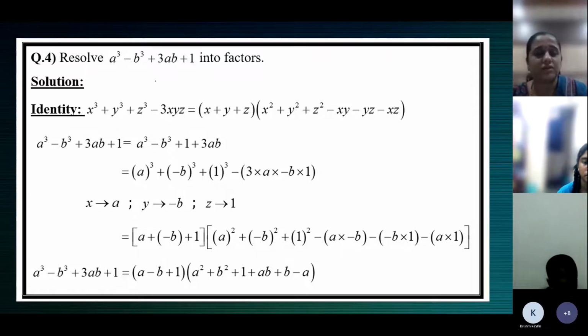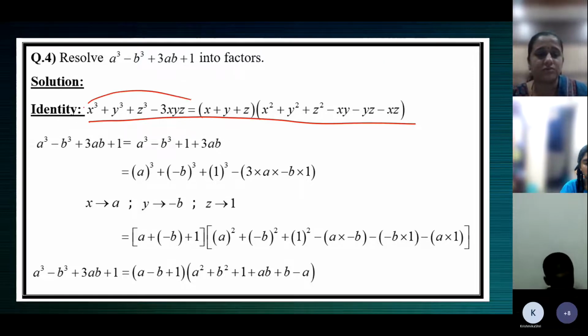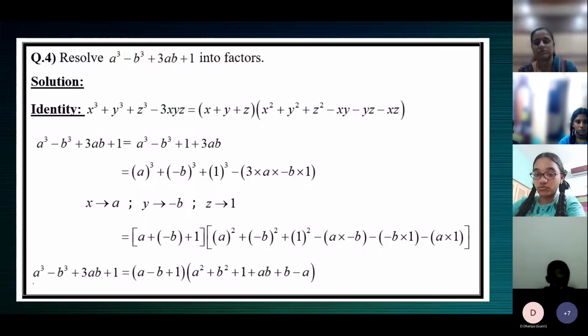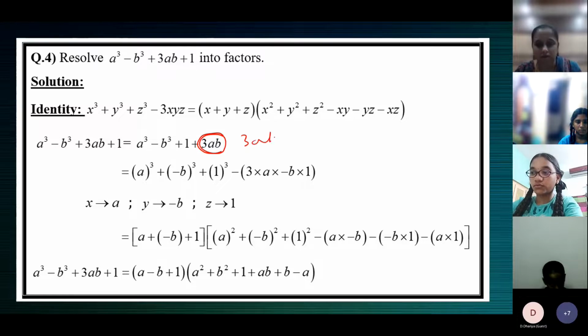So children, remember that this is the only identity which has 4 terms with 3 perfect cubes. So this expression, 4 terms, 1, 2, 3 perfect cubes. And this is 3ab, it's not 3abc because the c term is 1.